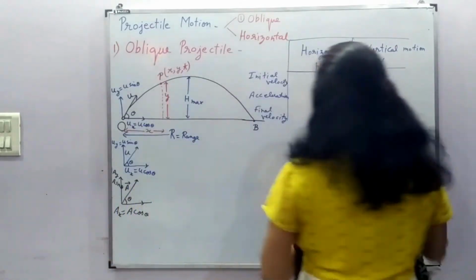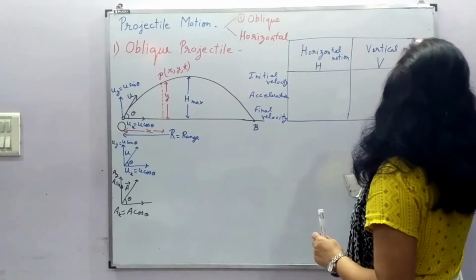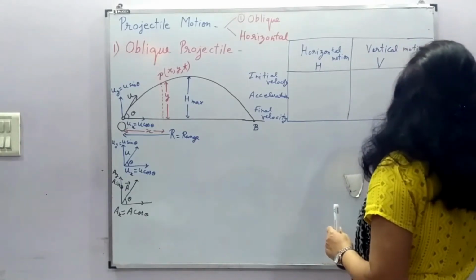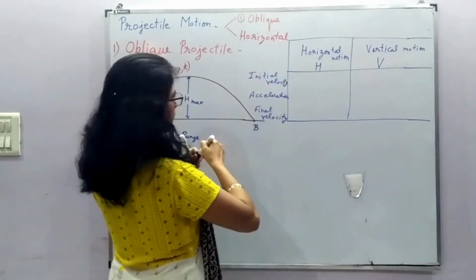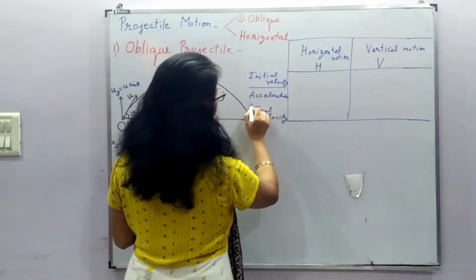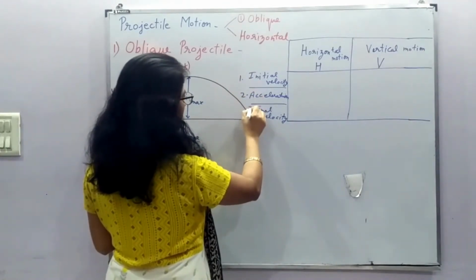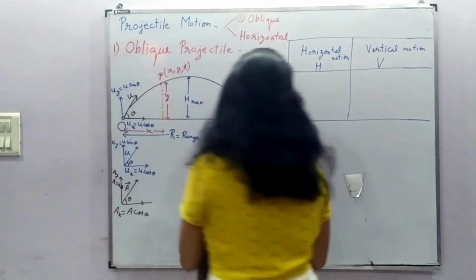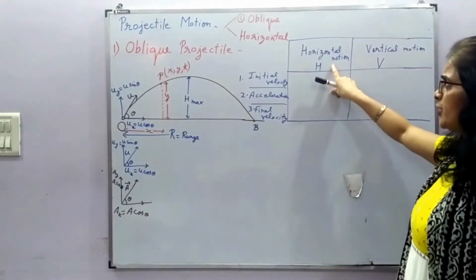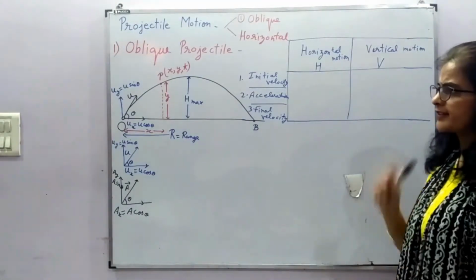Right? So let me find these things for these two motions which are giving result to this. Now, initial velocity, what do I mean by initial point here in this diagram?